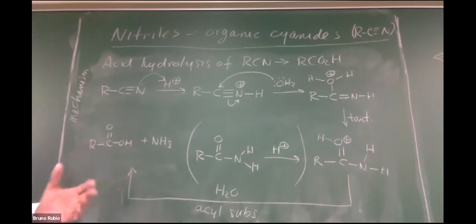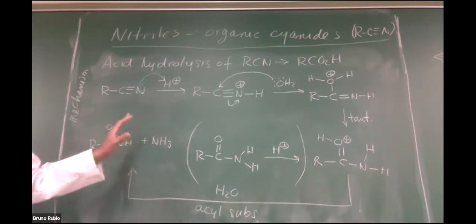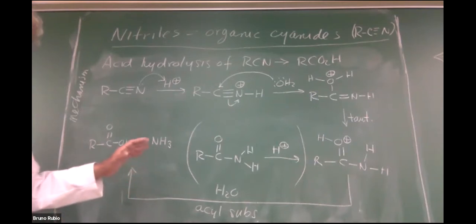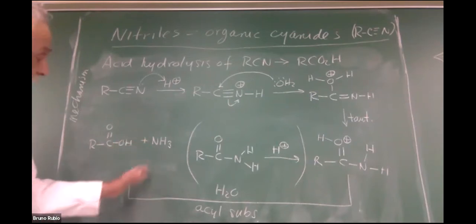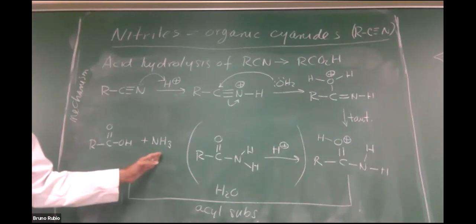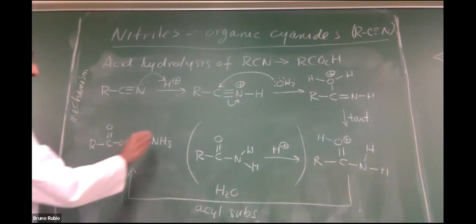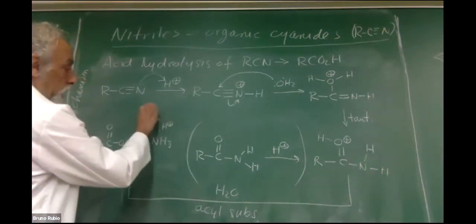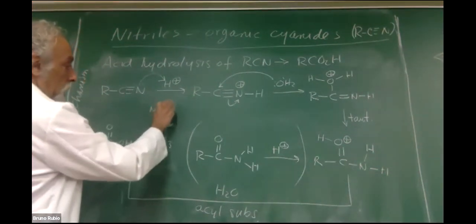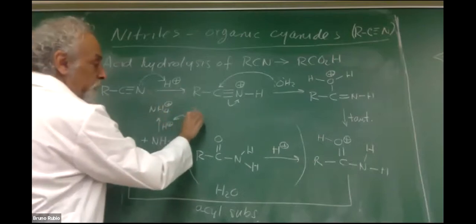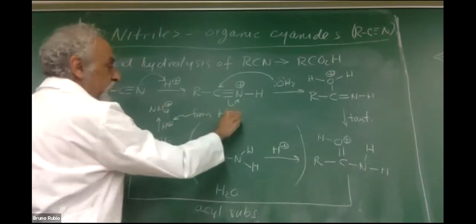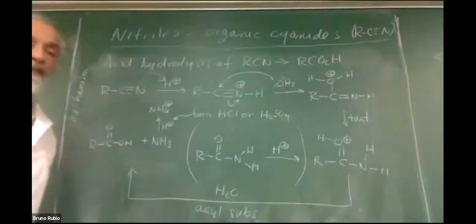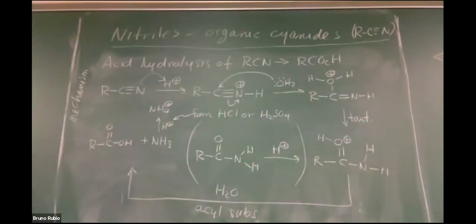So what is done is that we add more acid. We have that H plus that I said was not a catalyst. We have that H plus and we feed it to this guy. H plus. And this would be from maybe HCl or from H2SO4 or from some other very strong acid.